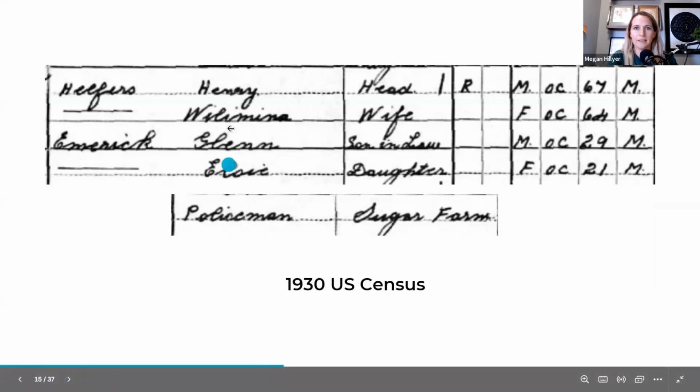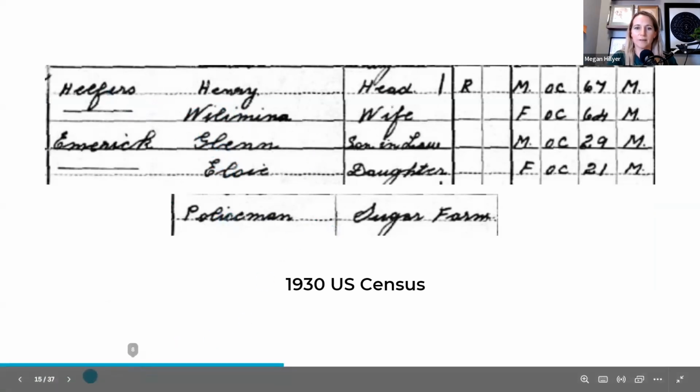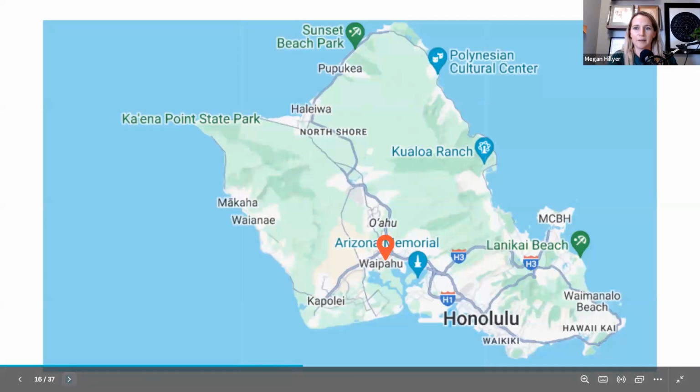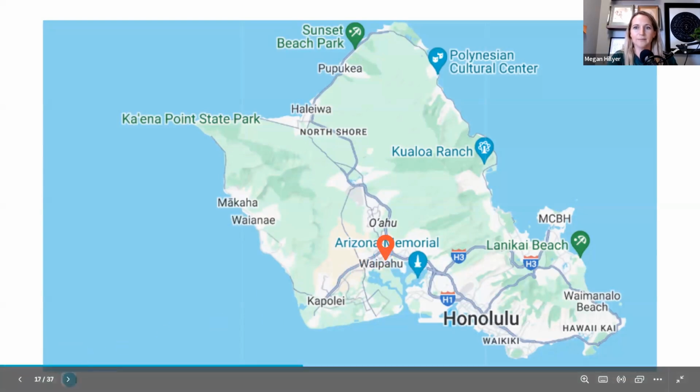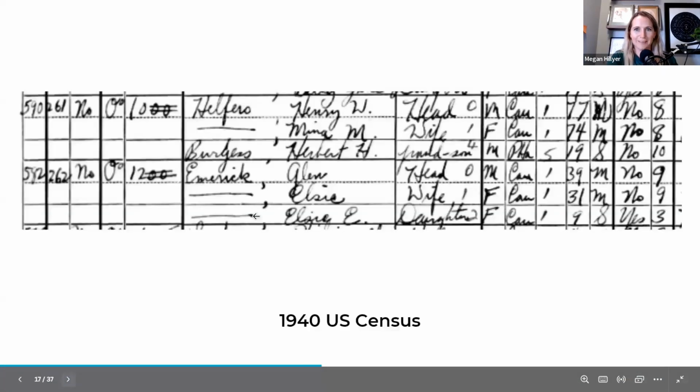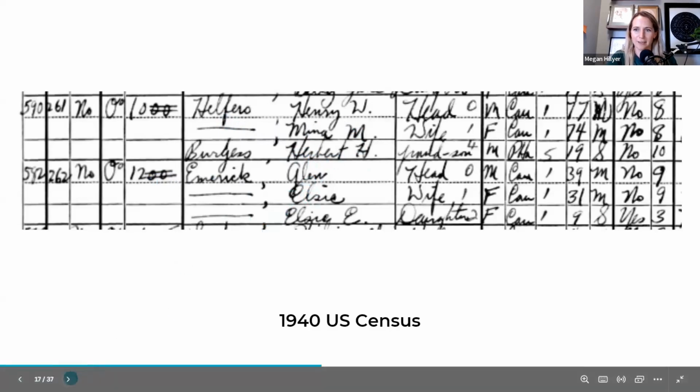By 1930, we see that Henry and Mina were living, their daughter Elsie was living with them. He was a policeman on a sugar farm, and they were now living near Waipahu, just northwest of Honolulu. By 1940, we have Henry and Mina living here. Their grandson is living with them, and their daughter is living next door with their other granddaughter.